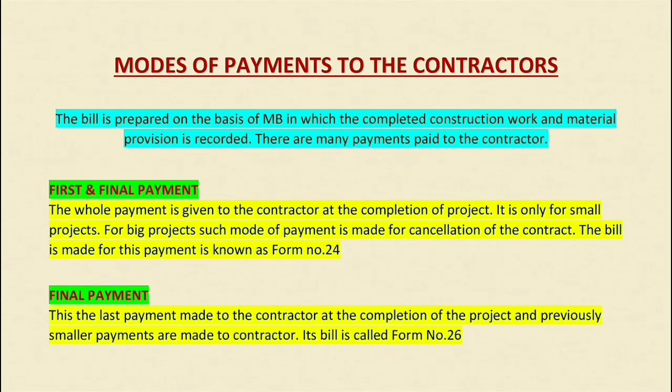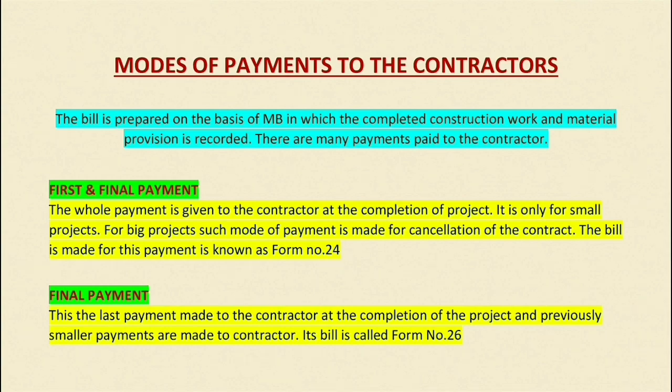Now let's talk about first and final payment. First, we have to read that the bill is prepared on the basis of the measurement book, in which the completed construction work and material provision is recorded. There are many payments paid to the contractor. The contractor is paid on the basis of his measured work, which he keeps in his measurement book.